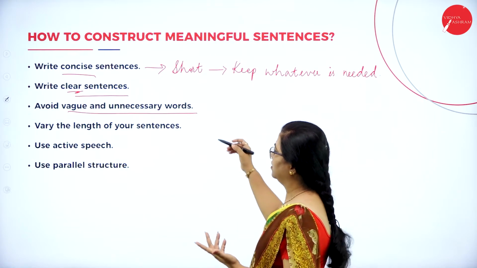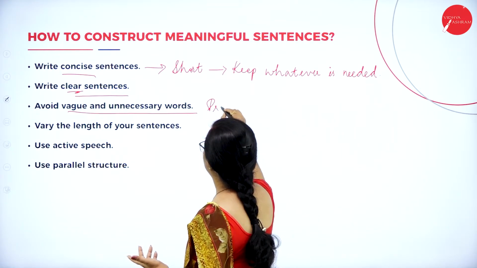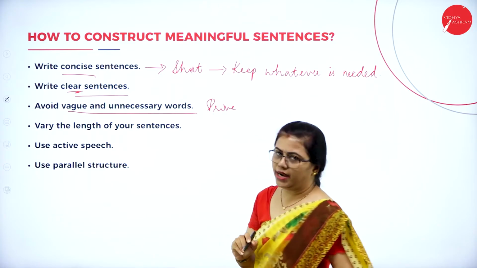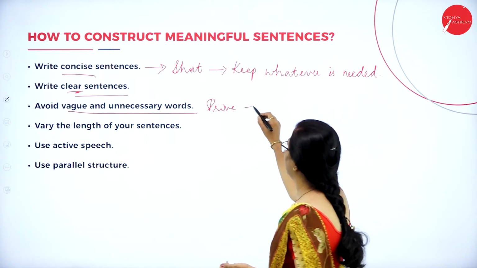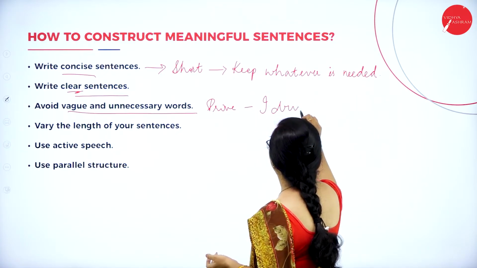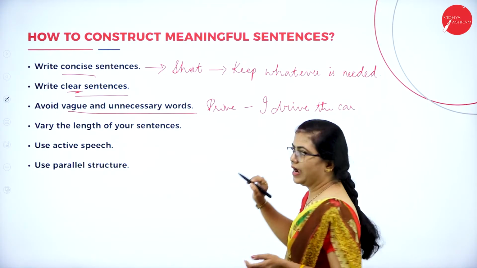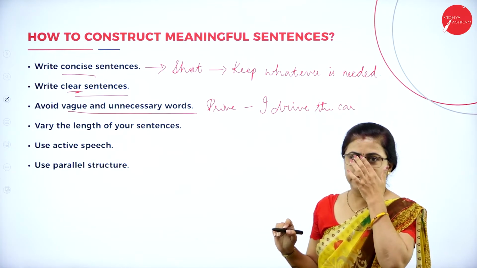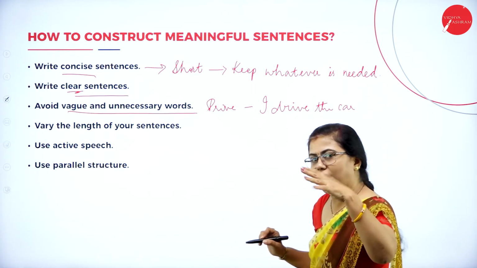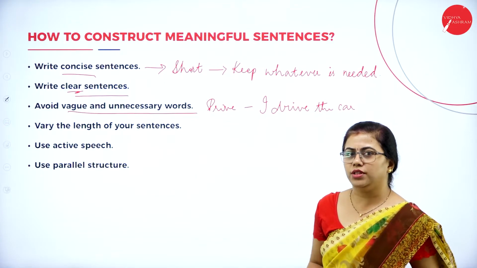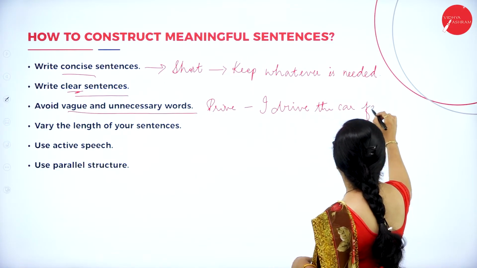Suppose the word given is drive. Then I say, "I drive the car." This was enough, isn't it? I want to add some more words because I want to show that I know these words. I just add this word, fastly.